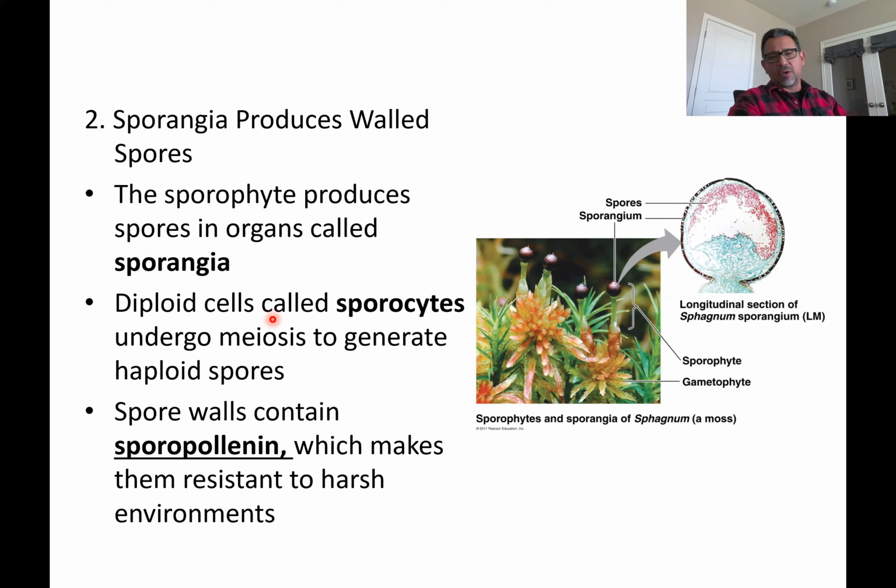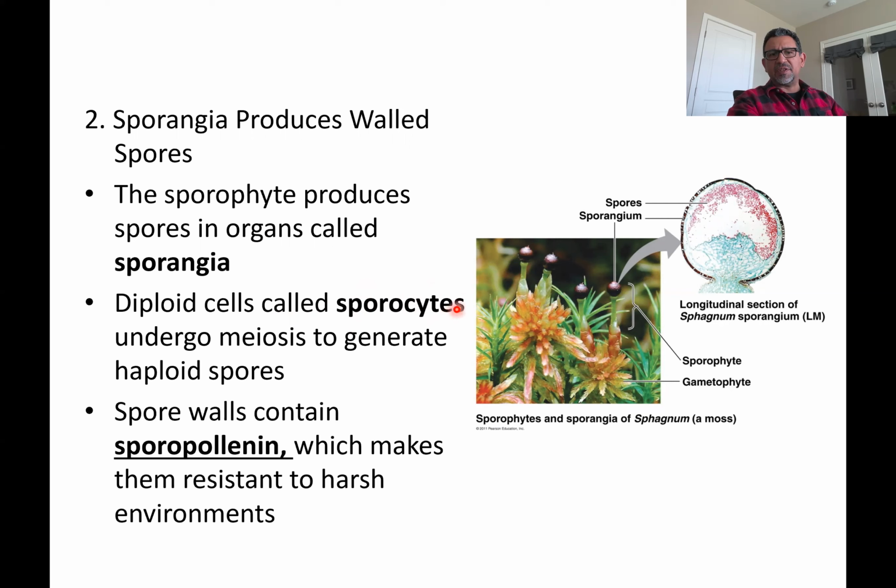There are diploid cells in the sporophyte. Sporophytes are diploid, and those special diploid cells called sporocytes are the ones responsible for producing spores by the process of meiosis. Now think about this funny word, sporocyte.